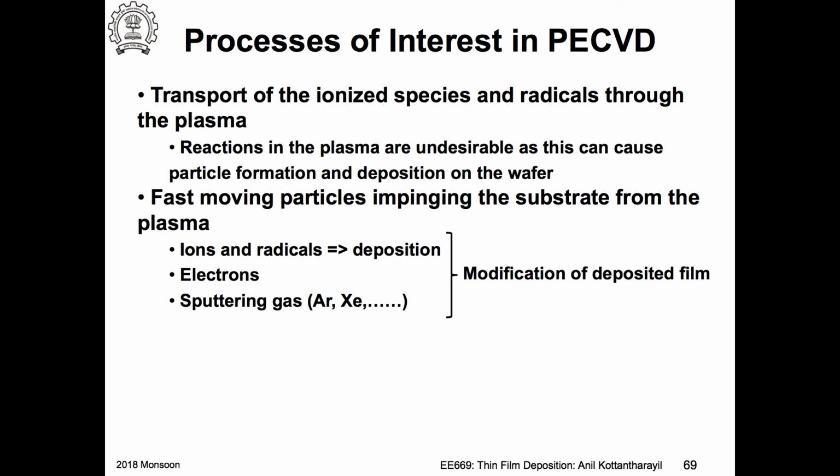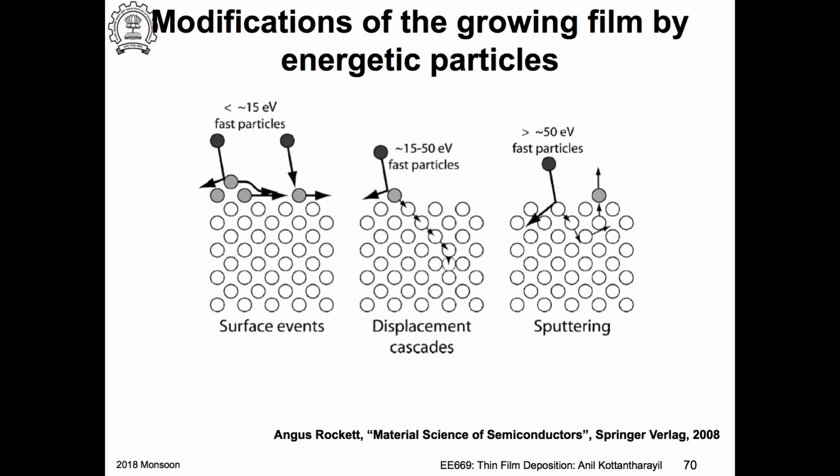You can use these ions and radicals for deposition, and also for sputtering. Gas can be added, for example argon or xenon. This leads to modification of the deposited film, and we will see some examples. Depending on the energy of the impinging fast particles, a lot of things can happen, so you take advantage of this in the process as you wish.